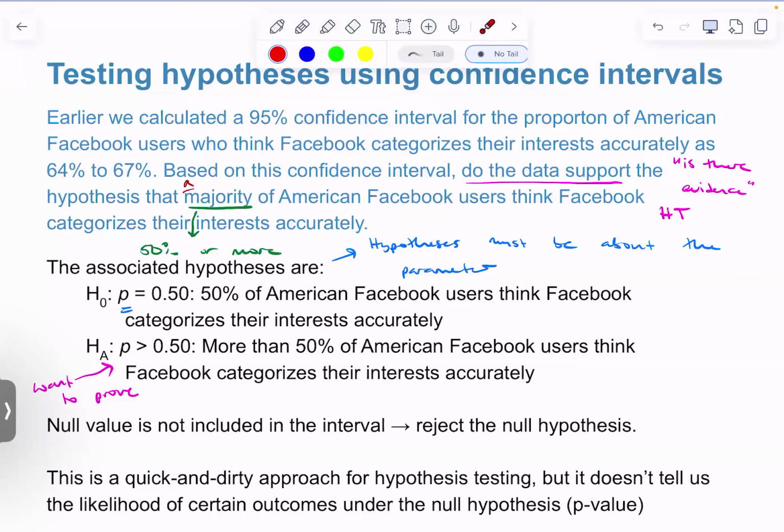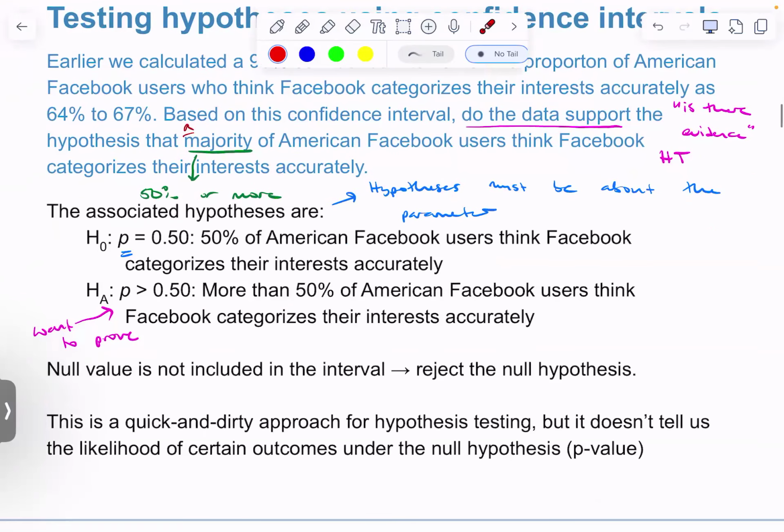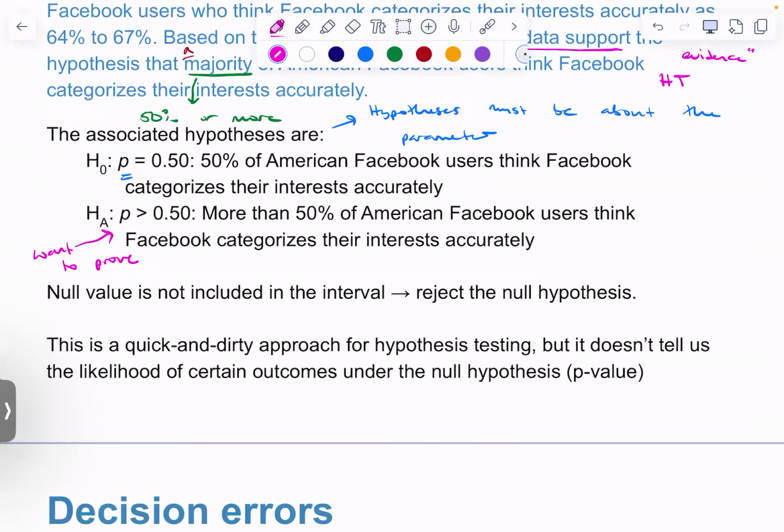To use a confidence interval to test a hypothesis, what we do is we say, okay, if the null value, now the null value is that P is 0.5 or 50%, so the null value is P is 0.50.